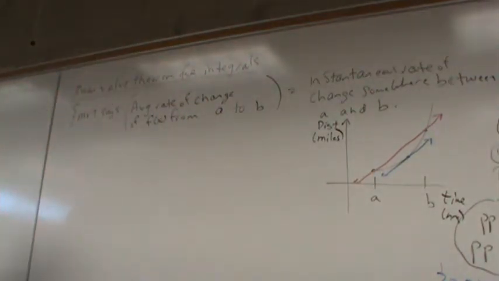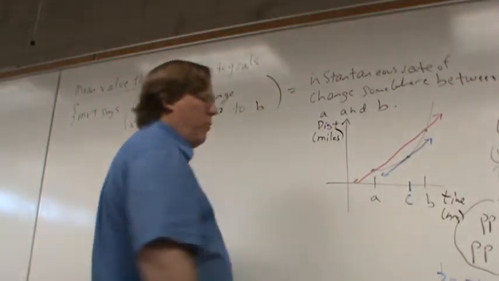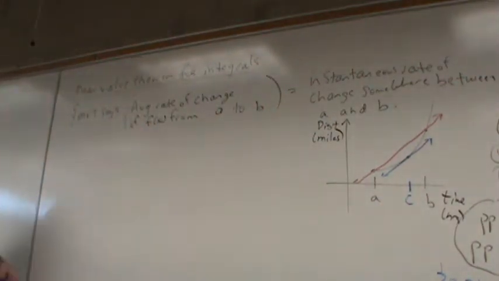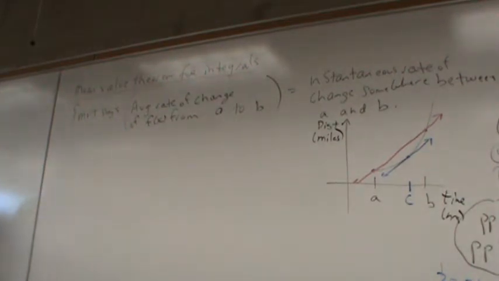The average rate of change from A to B equals the instantaneous rate of change somewhere between A and B, and we call that special point C. That's the mean value theorem. Well, now we get a mean value theorem for integrals. And let me tell you about that right now.